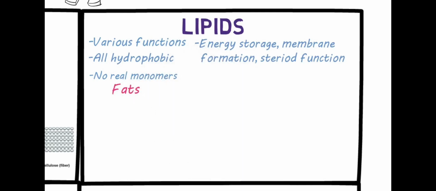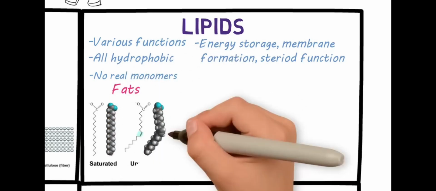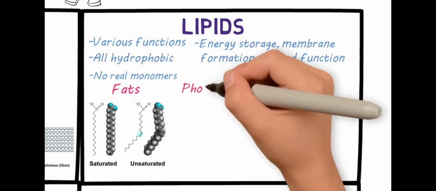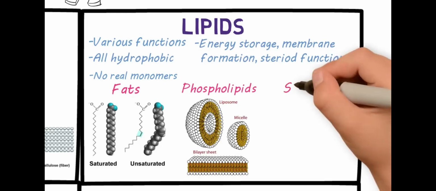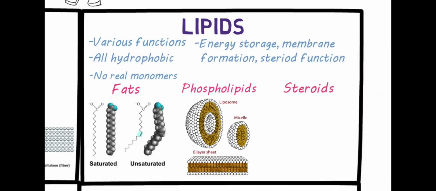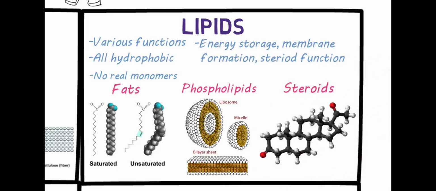So fats include triglycerides and saturated and unsaturated fats. You also have phospholipids, which form the cellular membranes, and then steroids, which include all sex hormones, and all the steroids form from a cholesterol base, and all those are included in lipids, so it's pretty diverse.